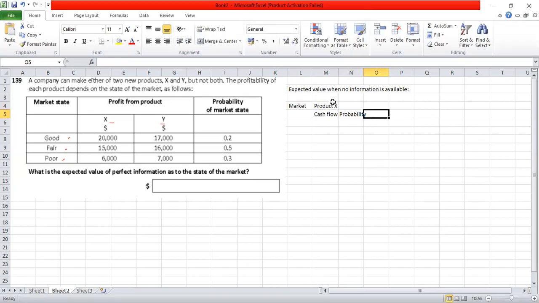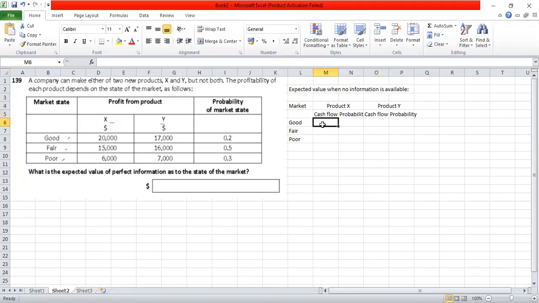Then we have product Y. The market state could be good, fair, or poor.